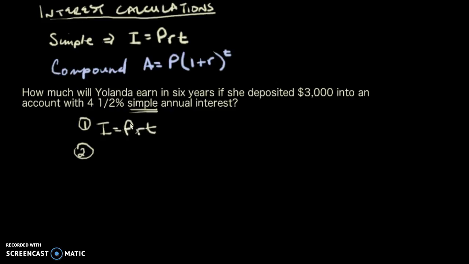Instead, we can just replace these directly with the money or the numbers. So interest is the unknown. We do know the principal, it's 3,000. And that's going to be multiplied by the rate, which is 4.5%.